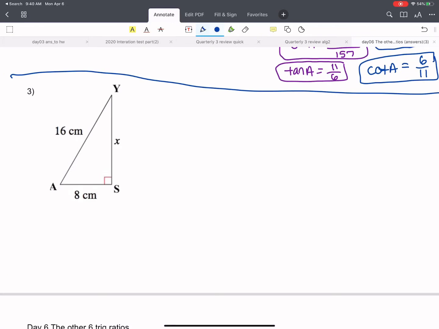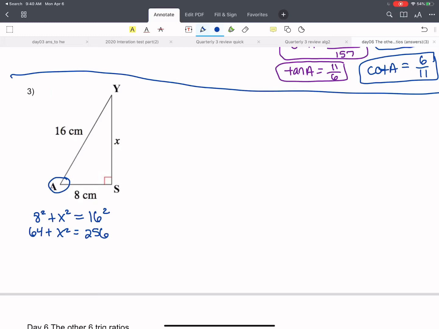For angle A, again, we have the adjacent and the opposite and the hypotenuse, so we're missing some information, so let's get that. Plus the other leg squared, I'm going to use Pythagorean theorem, is equal to the hypotenuse squared. So 64 plus x squared equals 256.